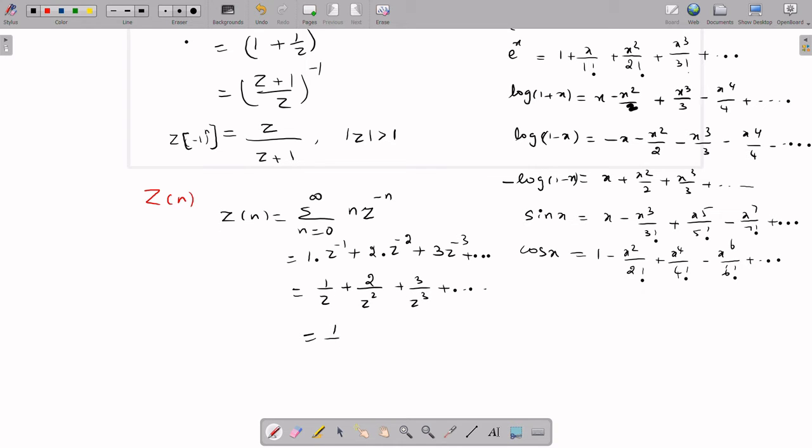So we take 1 by z outside. So 1 plus 2 by z plus 3 by z squared plus etc. This is the value.